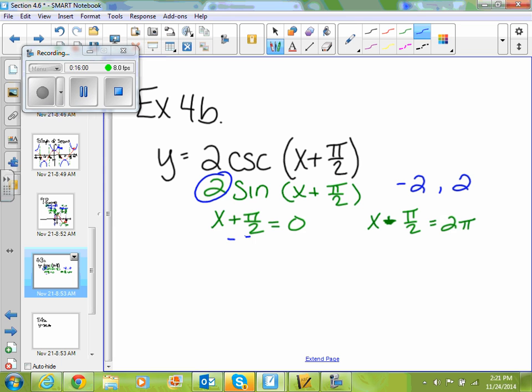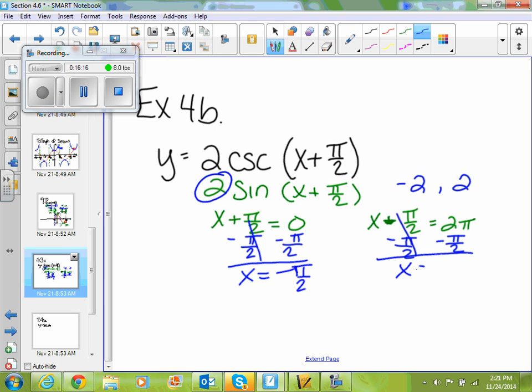So if I subtract pi over 2 to solve for x, then I get x equals negative pi over 2 and x equals 3 pi over 2 as my endpoints.